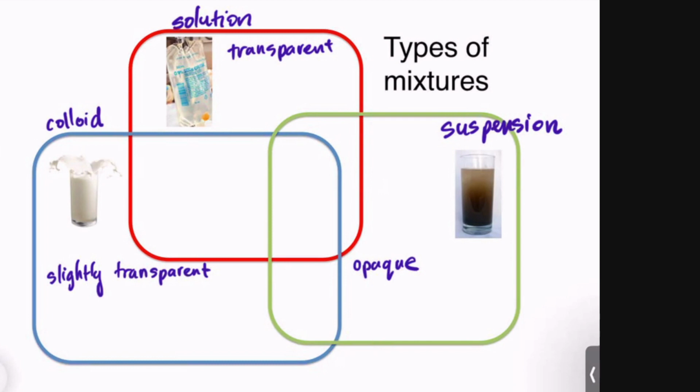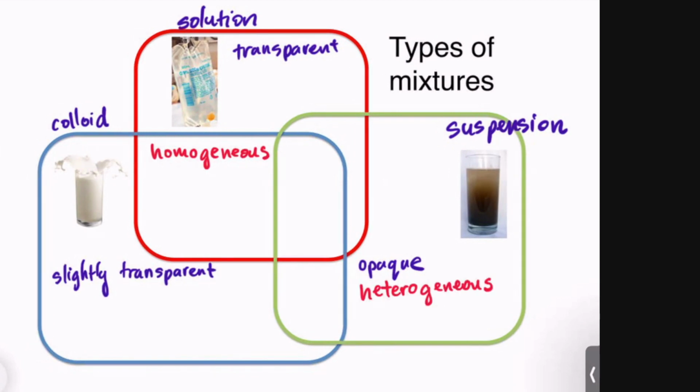If you took a straw and you sipped on the saline solution at different locations, if you took a straw and you took a sip from the milk in various locations, it would not matter, right? So it would be homogeneous throughout. Whereas a suspension, it's heterogeneous. Another way to think about that, remember in a homogeneous solution, you cannot tell the solute from the solvent.